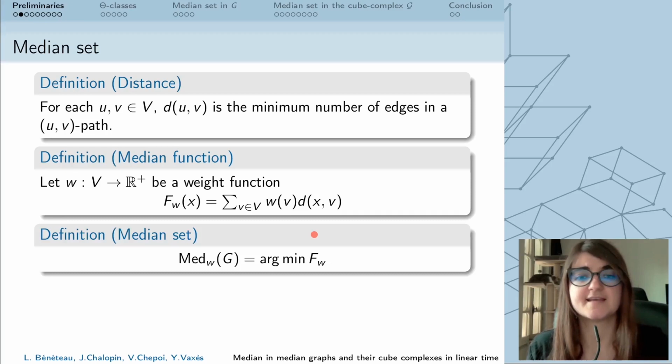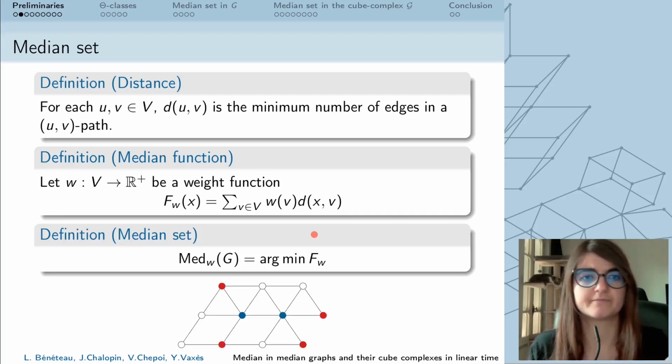The median set is the set of vertices that minimize this median function. So for example here, if we take the 4 vertices with a weight of 1 and all of the others with a weight of 0, we get the 2 blue vertices as the median set.